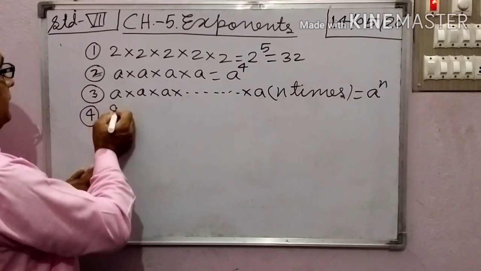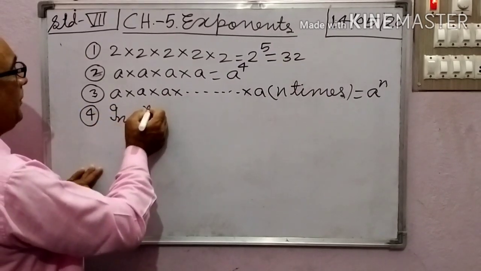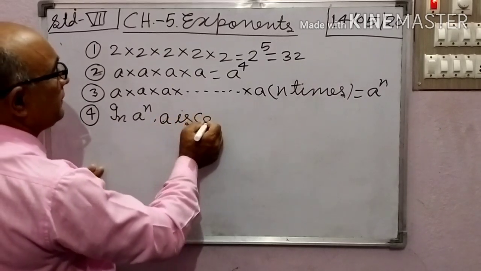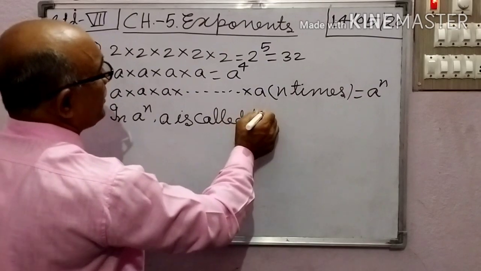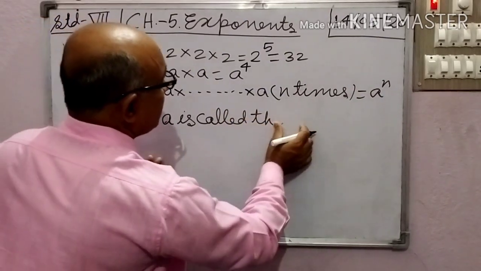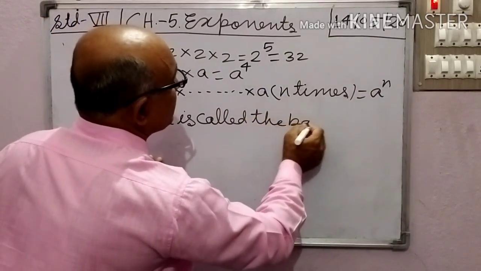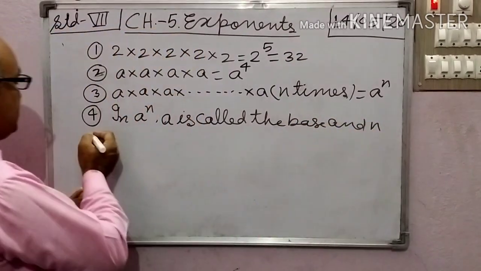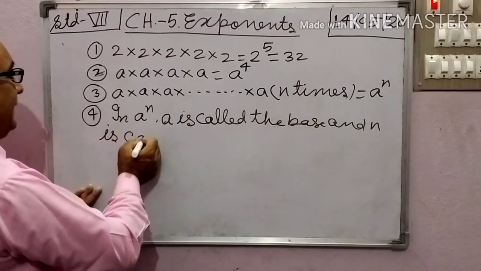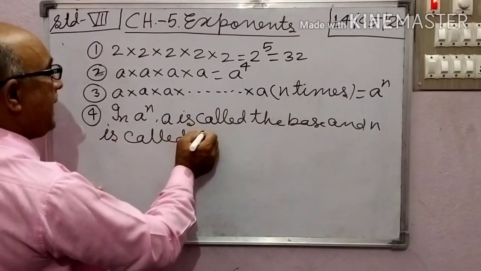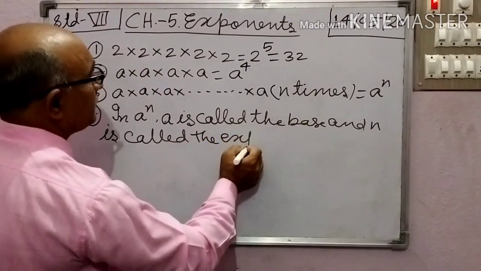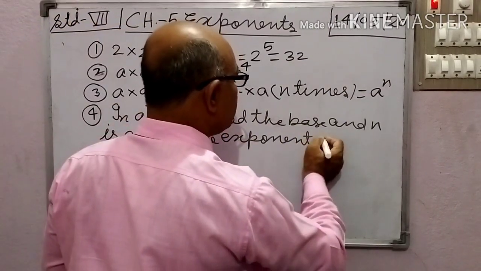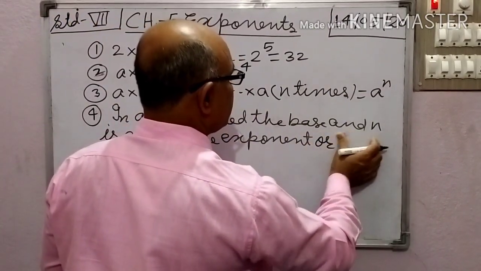Point 4: in A to the power n, A is called the base and n is called the exponent, or index.